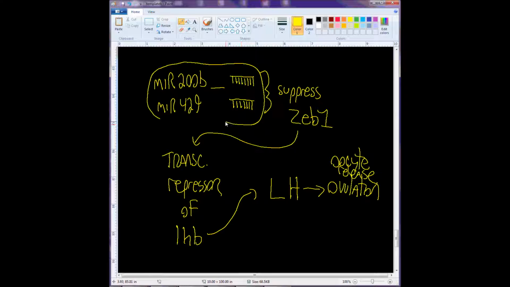These microRNAs suppress translation of the ZEB1 messenger RNA.